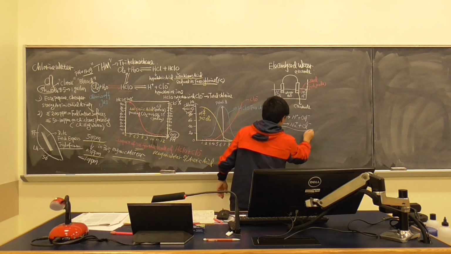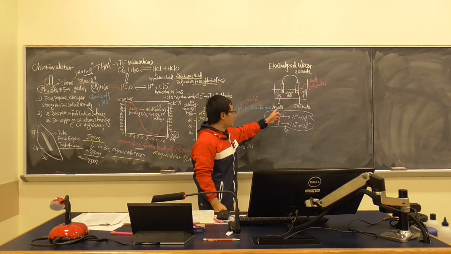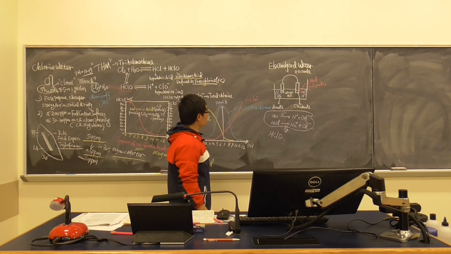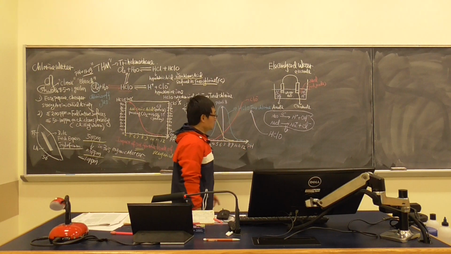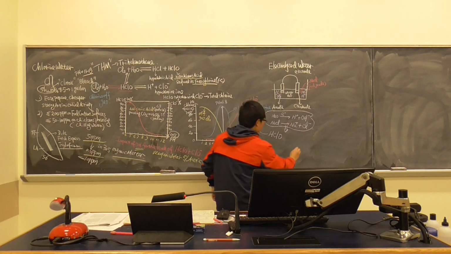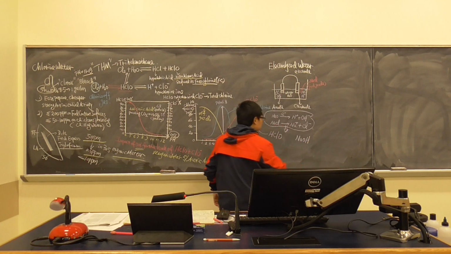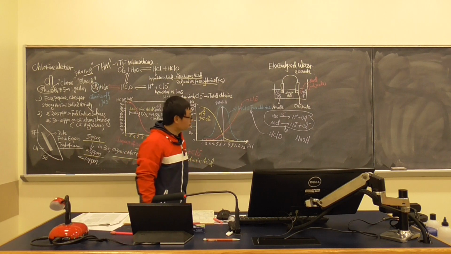You put all these together, and they will generate at the anode side HClO. Is that very smart? It is free chlorine. What's going to happen at the cathode? Sodium hydroxide.